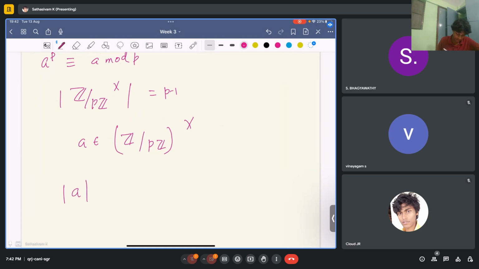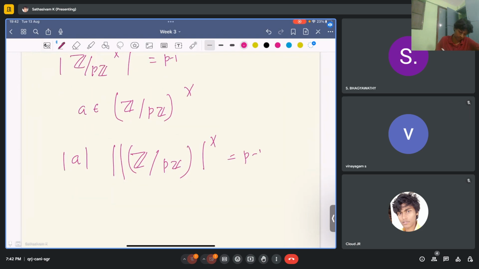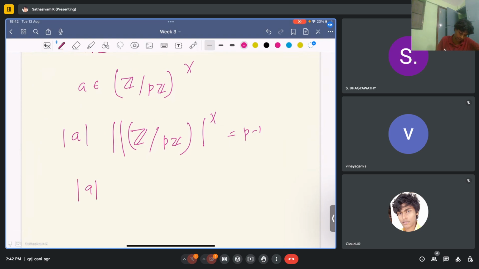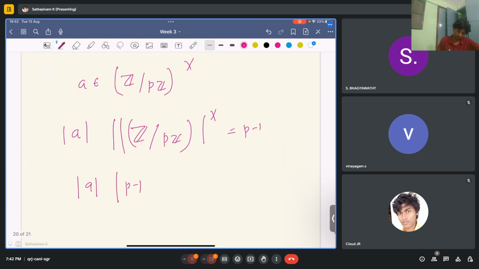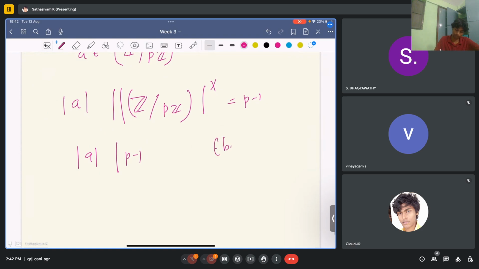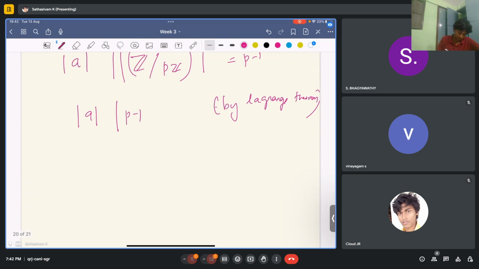The order of a divides the order of (Z/pZ)*, which is basically p minus 1. So what it says is the order of a divides p minus 1. Okay. So this is by the Lagrange theorem.